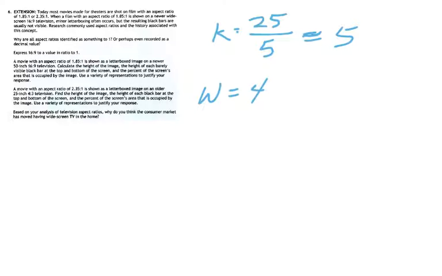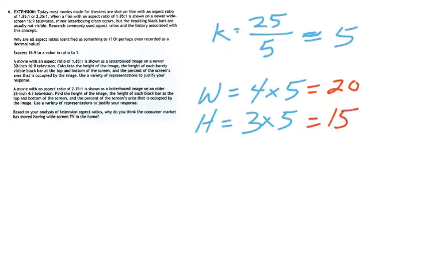We'll do a very similar thing here with the next problem. So here we have a 25-inch television screen divided by the diagonal of the aspect ratio triangle. So that's a 3, 4, 5 triangle. So our K is equal to 5, which means our width is 4 times 5 and our height is 3 times 5, which gives us 20 for the width and 15 for the height.